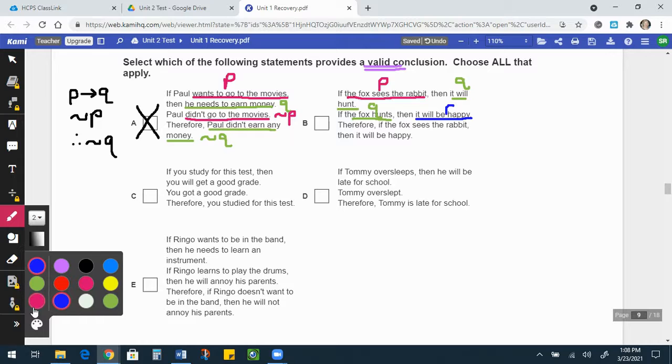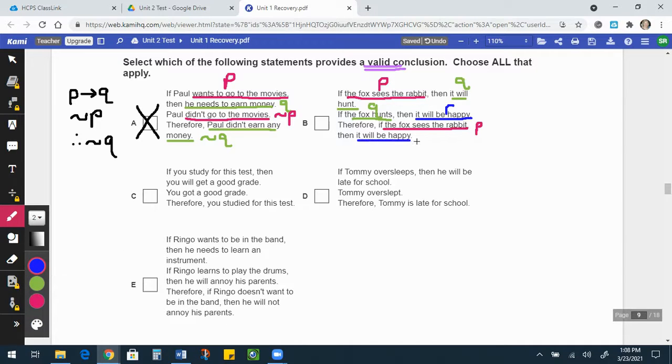Therefore, if the fox sees the rabbit, that's P, then it will be happy, that's R. Right, so if we put that all together, it goes if P, then Q, if Q, then R, therefore, if P, then R.